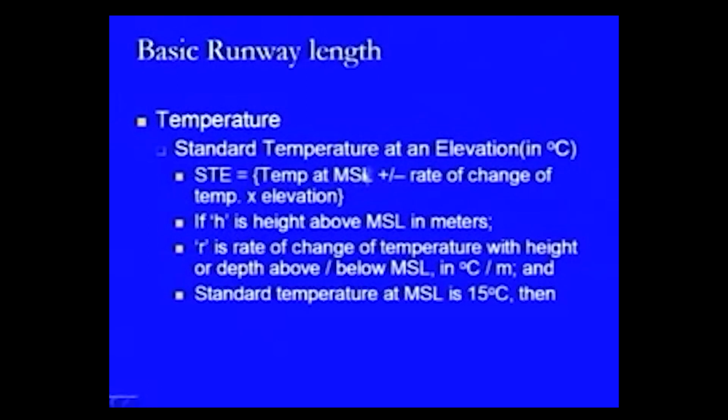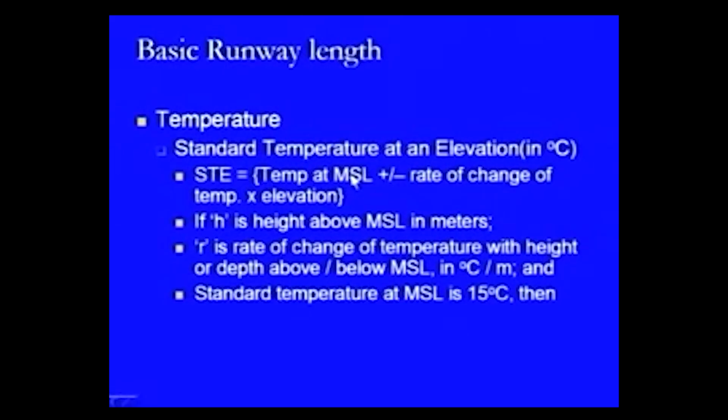Similarly, the standard temperature at an elevation can be computed as temperature at mean sea level plus or minus the rate of change of temperature multiplied by elevation. So, we have to look at the rate at which, as we go above mean sea level, the temperature changes, whether it is increasing or decreasing. On the basis of that we will take a plus or a minus value.